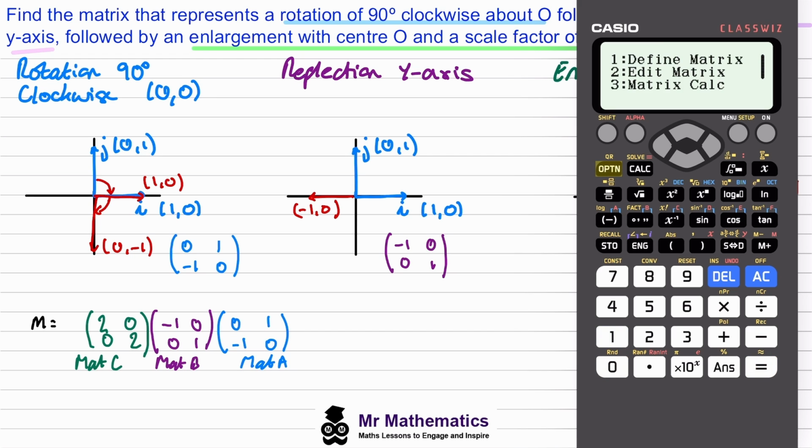And then we'll define matrix C with the elements of 2, 0, 0, 2. So then our calculation is matrix C multiplied by matrix B multiplied by matrix A. And this gives us our single 2 by 2 matrix of 0, -2, -2, and 0.